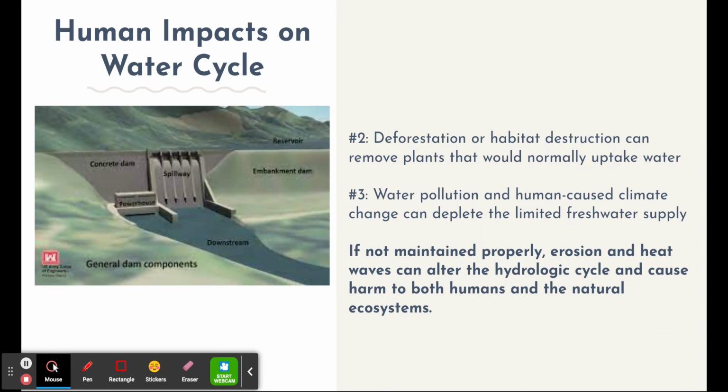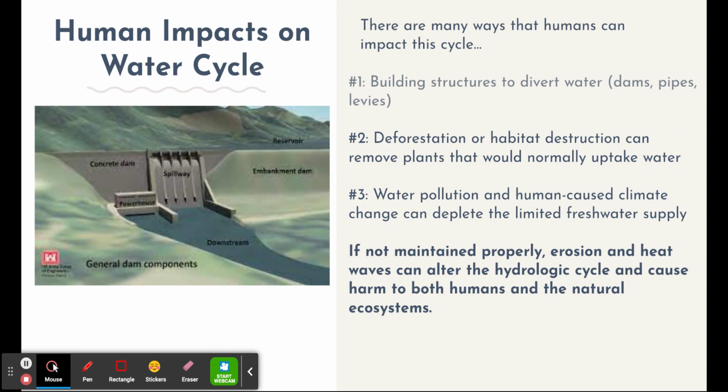Okay, so there are some human impacts on the water cycle that are important to note, and I apologize that my slides aren't popping up correctly. But the first is that there's many ways that humans can impact this cycle. The first is by building structures to divert water, much like we have this dam over here. We'll learn a little bit more about how we use dams for hydroelectricity later on in Unit 6.